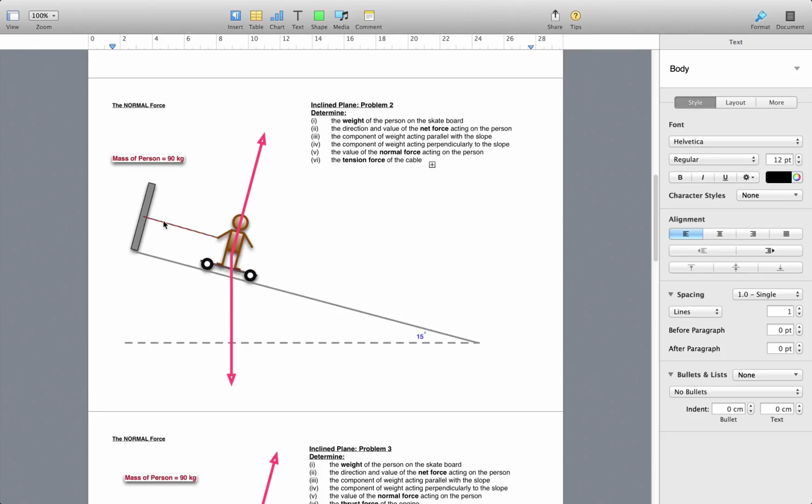There's a cable here that's holding this person. So this person's not moving. They are at rest. They're wanting to roll down the hill, but they're tied to this post by a rope, so they can't go anywhere. So they're just sitting there. And the angle is the same as before as well. So let's work this one out.